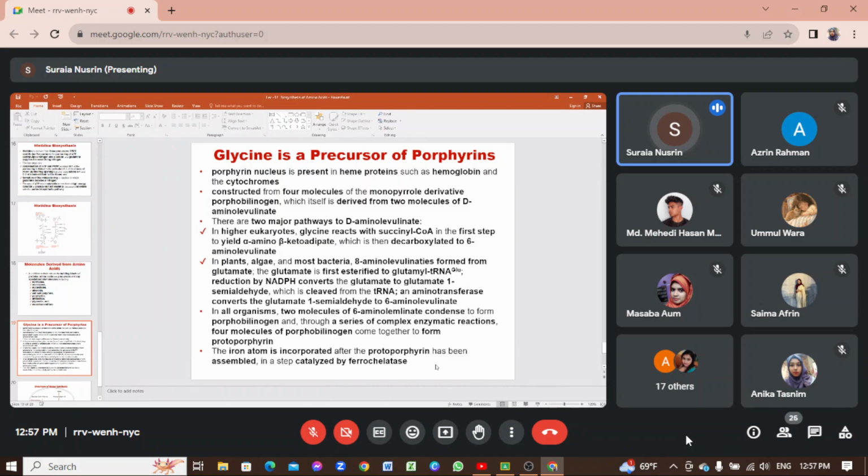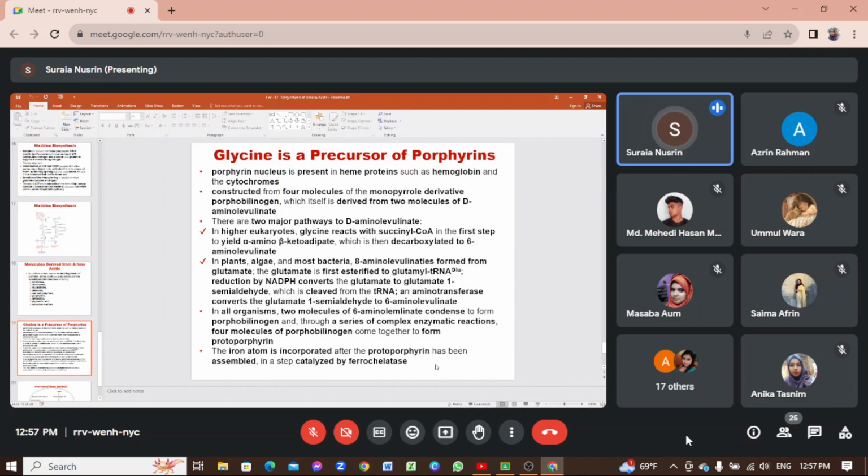In the second step, by a transamination reaction, glutamate 1-semialdehyde is converted to 5-aminolevulinate. This pathway is totally different from the pathway in higher eukaryotes, or particularly in mammals. So we get the common intermediate of this pathway, aminolevulinate.